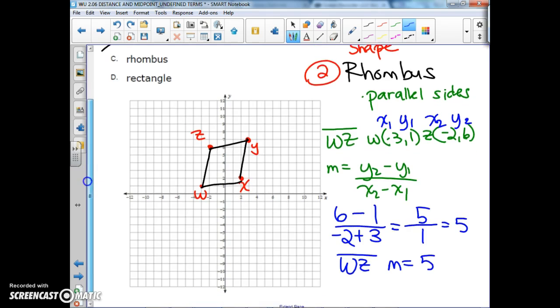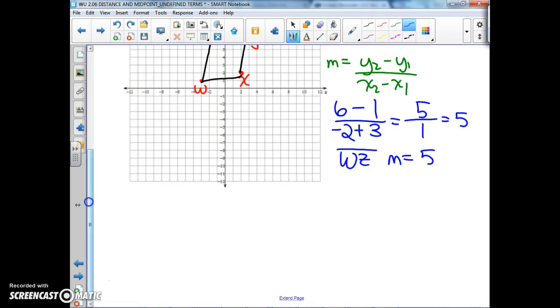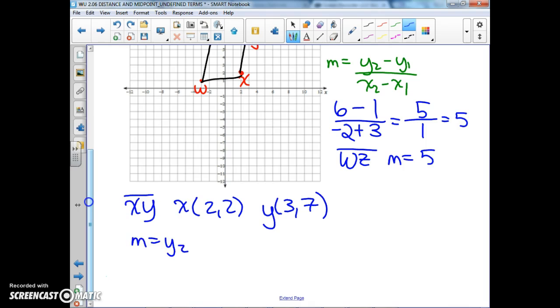Alright, so I'm going to move my paper down some. And now I'm going to find the slope of XY because that's the side that would be parallel to WZ, and that's the side that I need to check. So XY, X is at 2, 2. Y is at 3, 7. My slope formula is y2 minus y1 over x2 minus x1. Label my points.